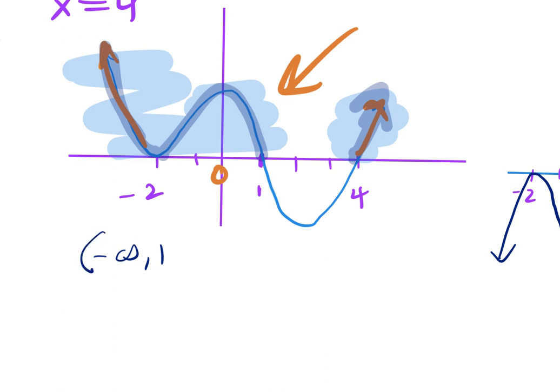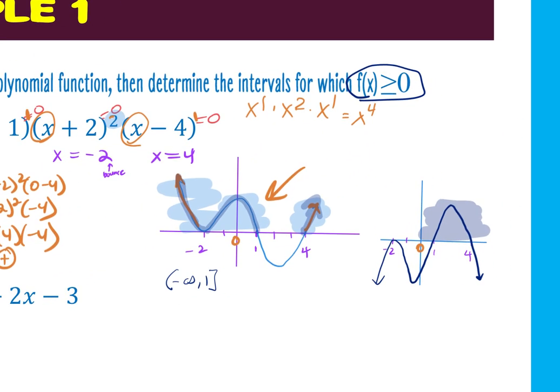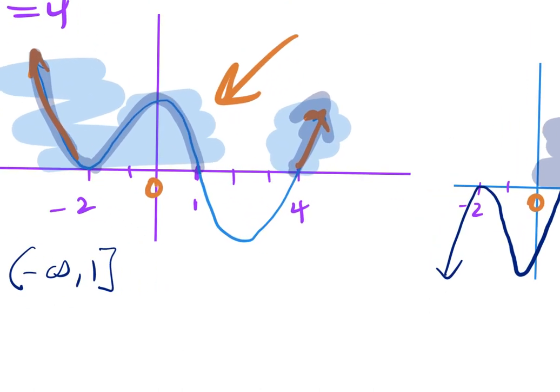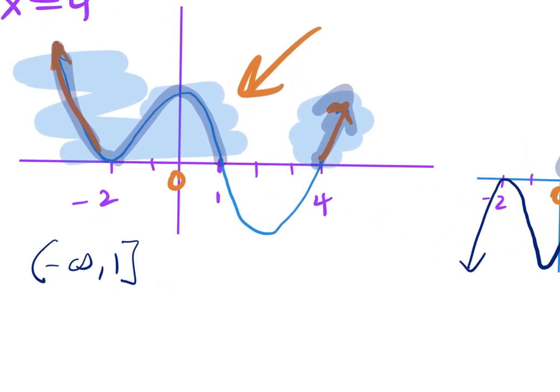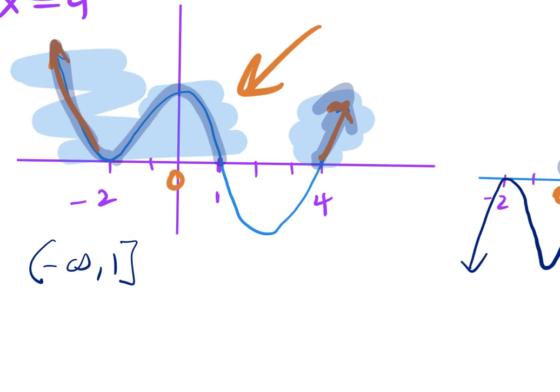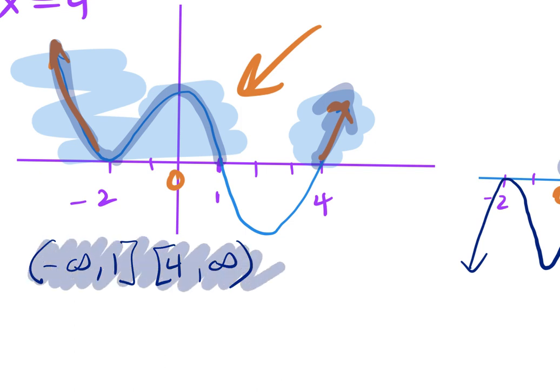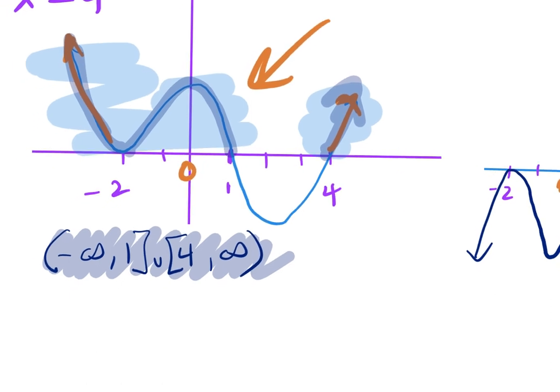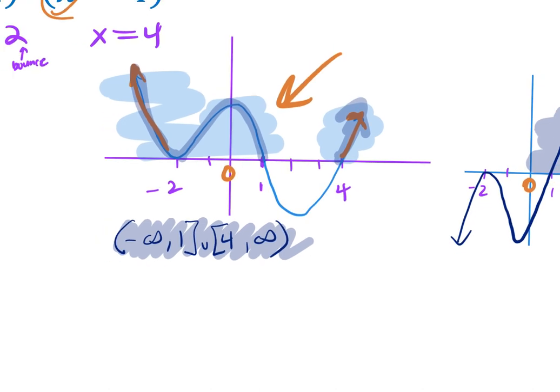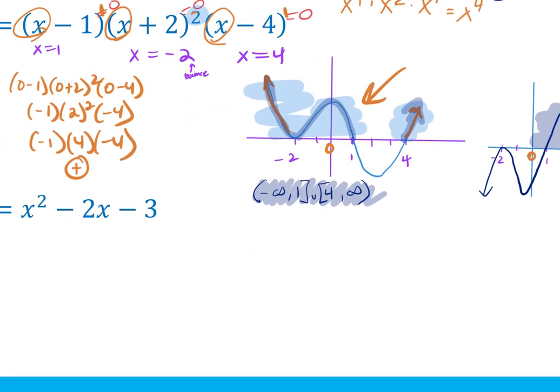Parentheses on the negative infinity, bracket on the 1. Why does it get a bracket? Because it says or equal to. Where else is it greater than or equal to 0? Bracket 4, positive infinity. Good. You could put a union. And we could just switch f of x to y, right? Yep. Okay. All right, let's do it again.